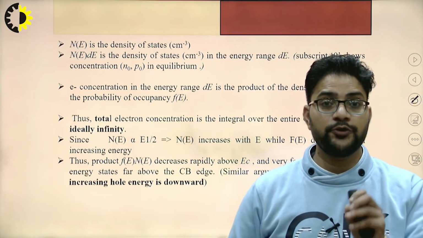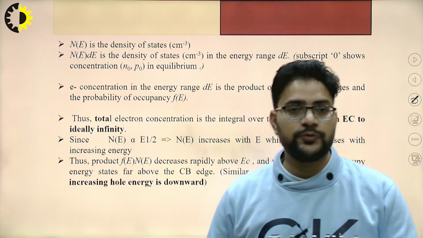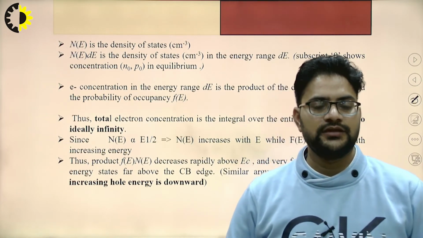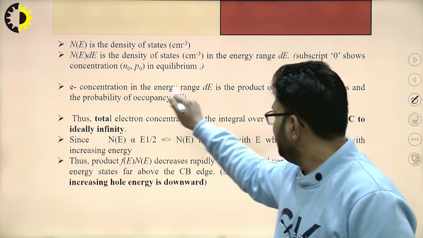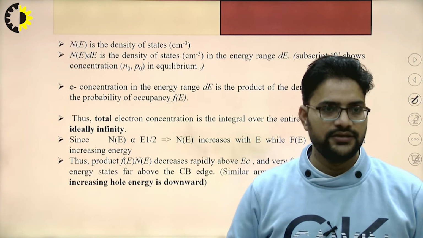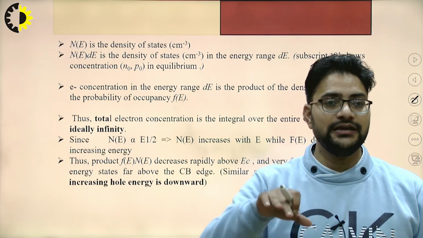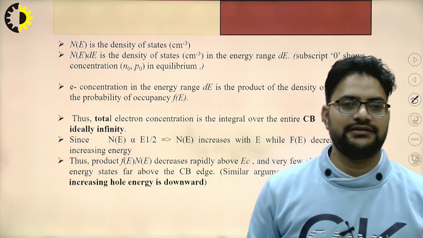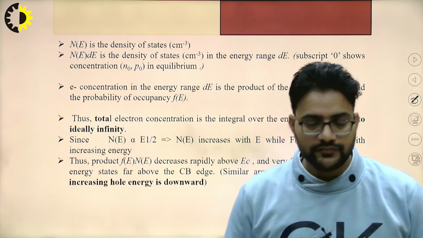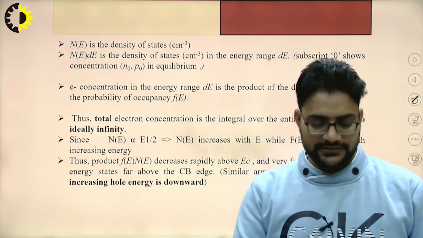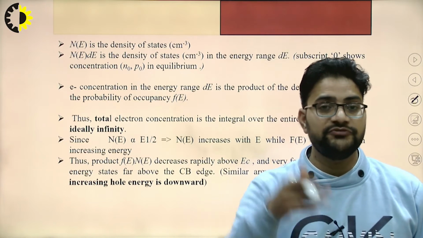Now the electron concentration in the energy range dE is the product of the density of states and the probability of occupancy, F(E). It is actually a multiplication. The total electron concentration will be the integral over the entire conduction band, that is from EC to infinity.